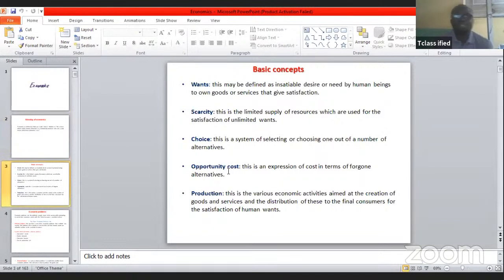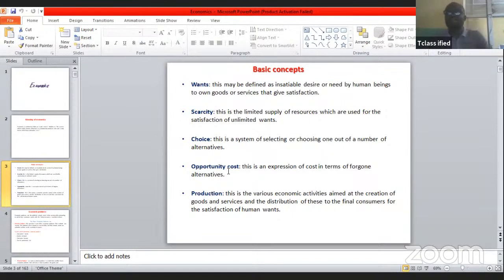Now we look at the basic concepts in economics. What are those words you're supposed to know the meaning of, those concepts you're supposed to understand in order to have a better understanding of what economics is? Number one is wants. What do we mean by want? Want is defined as those insatiable desires, those things that you always want, like jewelries, good clothes, luxurious cars.